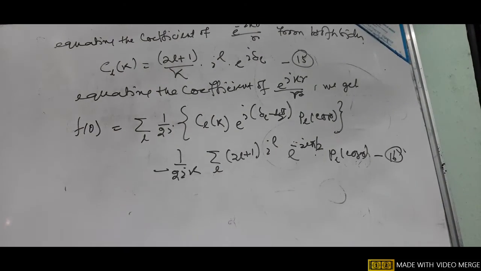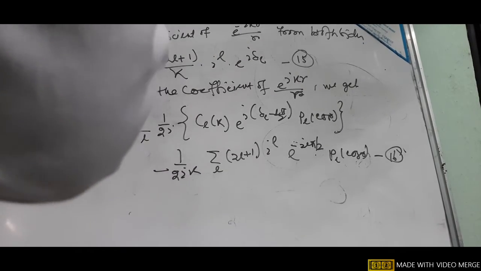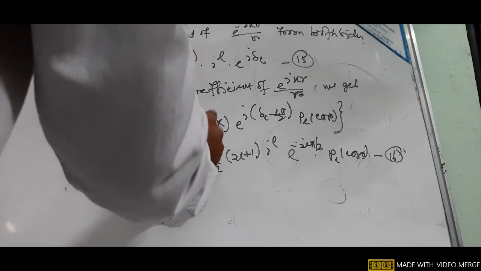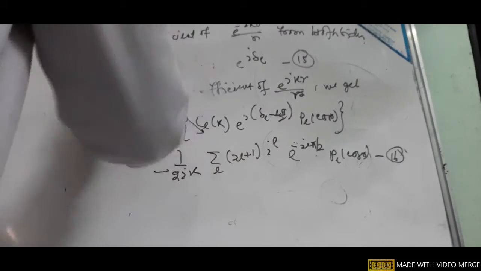This is equation 16. Now we will be substituting the value of CL here. So what we will get in 17?